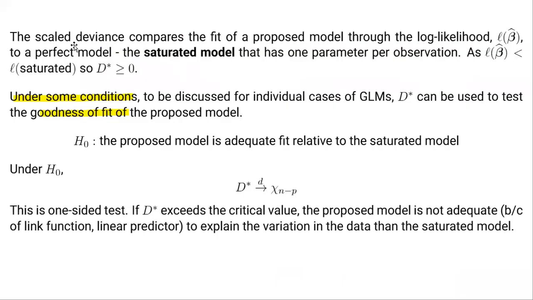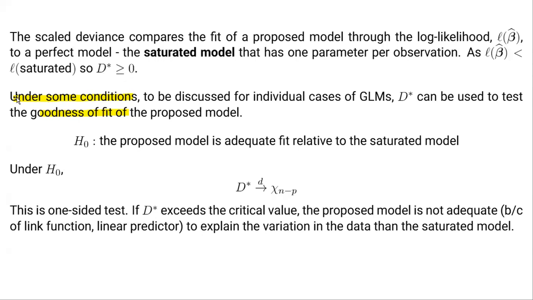So the scaled deviance compares the fit of your proposed model, through the log likelihood, to a perfect model. The likelihood evaluated for your proposed model will be less than or equal to the log likelihood for the saturated model, it can't be bigger, so therefore scaled deviance can't be negative.